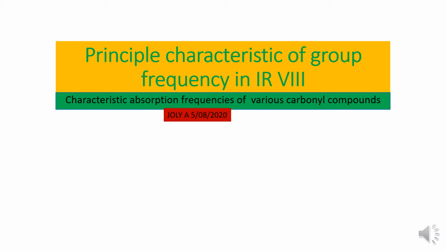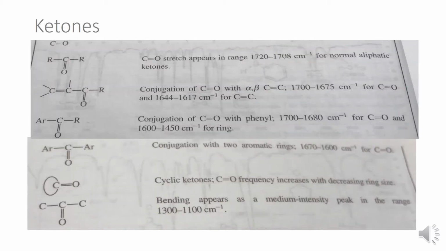There are different carbonyl compounds: ketones, aldehydes, carboxylic acids, amides, esters, anhydrides, acyl halides, etc. First of all, we discuss ketones. In ketones, the functional group is C=O.